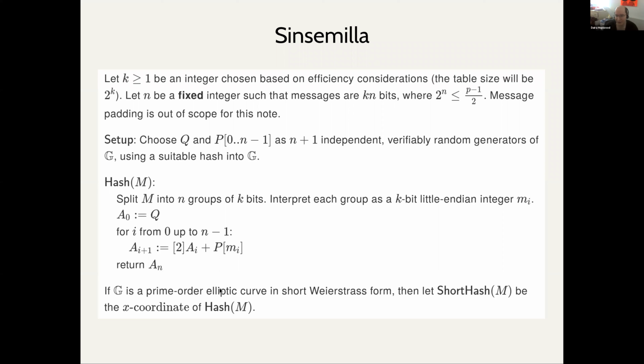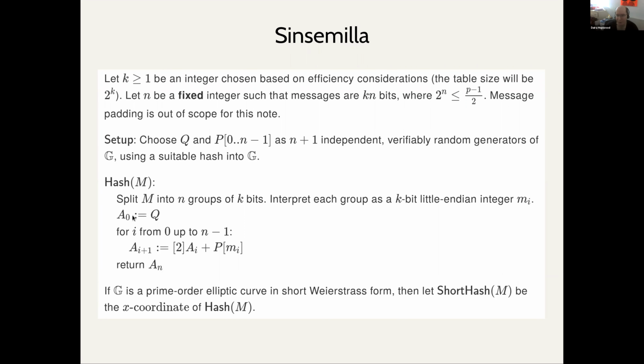The idea is basically we choose n random generators from the group, and we will be able to look up some bits of the message and look up one of these generators for each chunk of the message. So we can actually do that in just one row of Plonk.